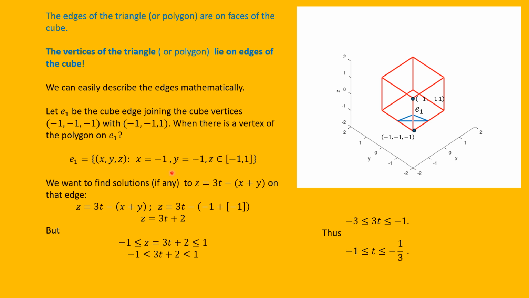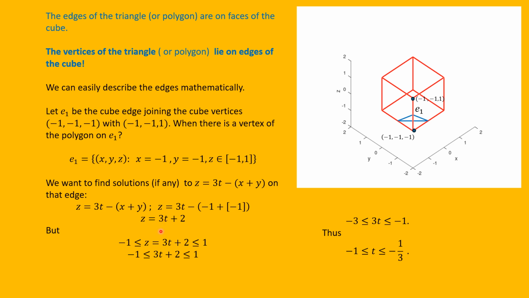Well, first of all, let's remember that the equation of the plane containing this polygon was z = 3t minus the quantity x plus y. So if you're looking just at this edge here, where x and y are both minus 1, z is 3t minus the quantity minus 1 plus minus 1, which simplifies to z = 3t + 2.